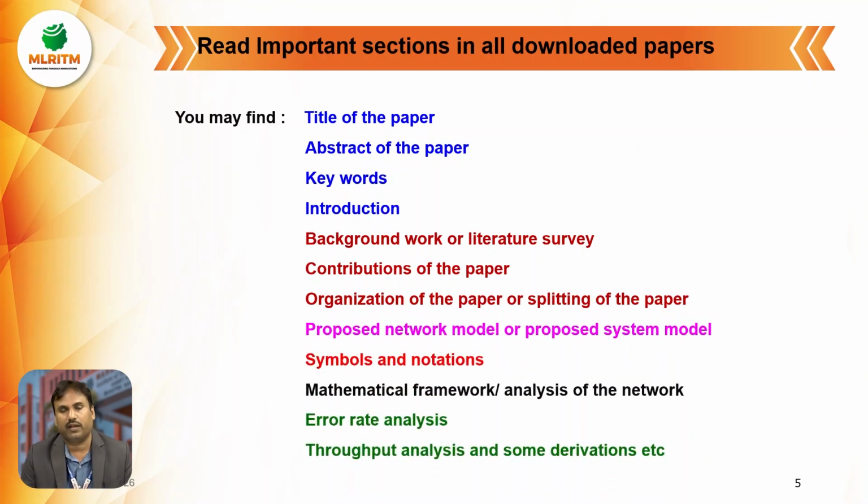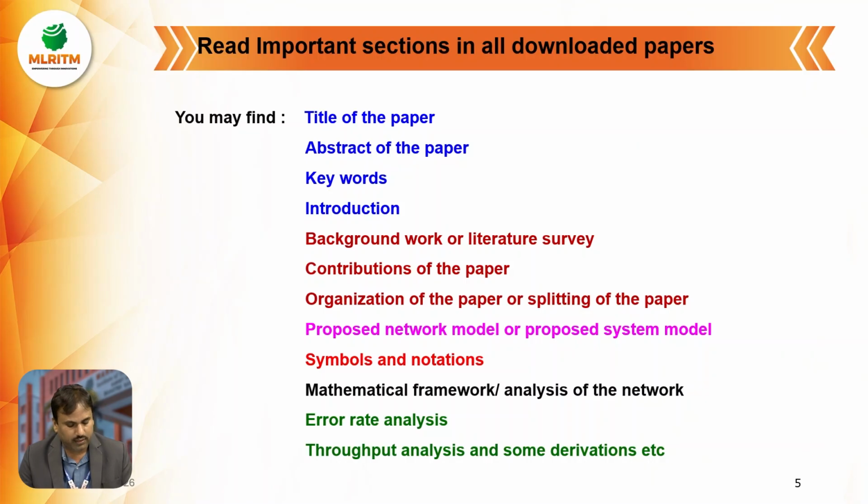Sometimes when you are studying a mathematical derivation, some parameters will be there and you don't know what those symbols are. So you need to identify the physical meaning of each symbol. That is very important. After that, you can refer to the mathematical framework or analysis of that network, and any other sections like error rate analysis, throughput analysis, and derivations.